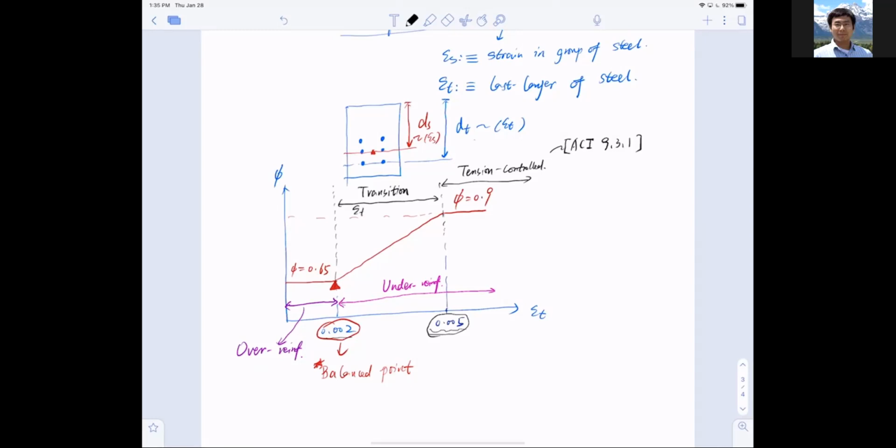So this is epsilon t between 0.002 and 0.005, and this is epsilon t at 0.005 and above. And if it's between 0 and 0.002, I call this compression controlled.